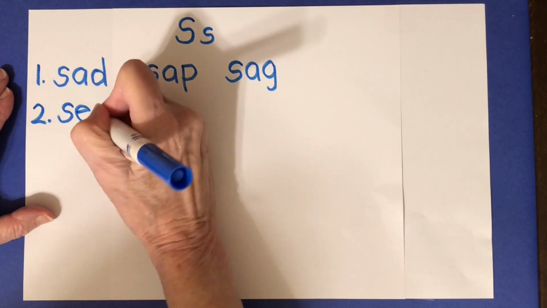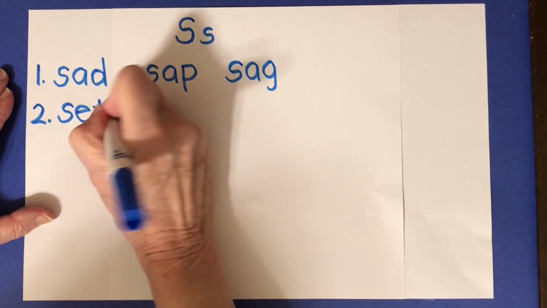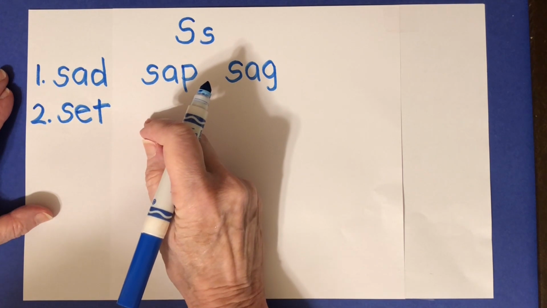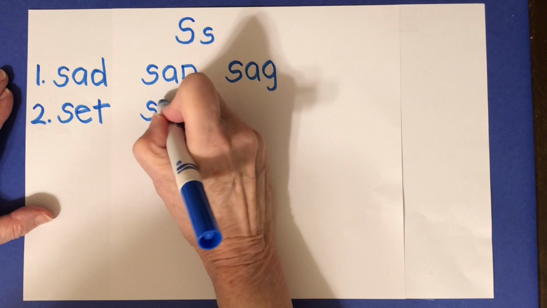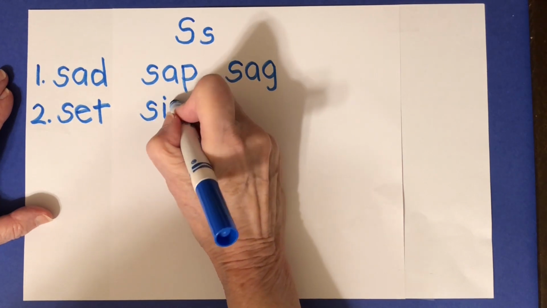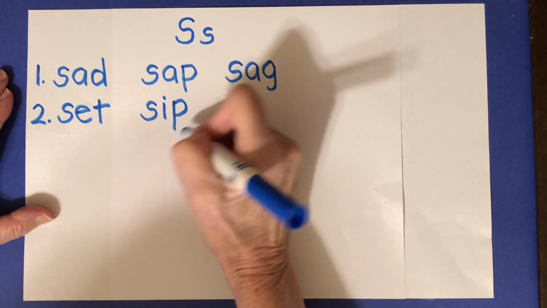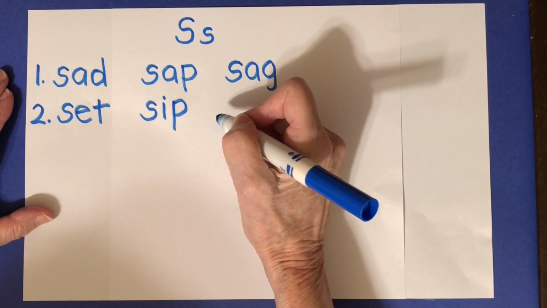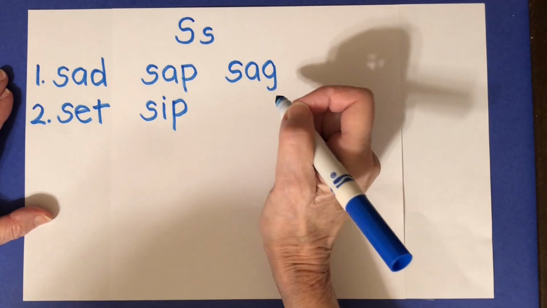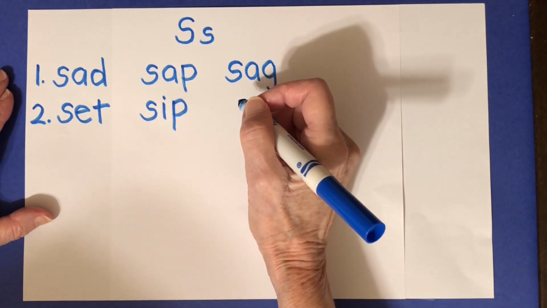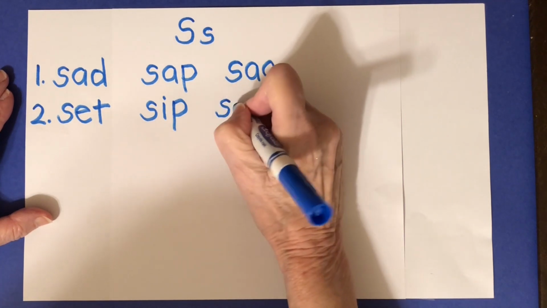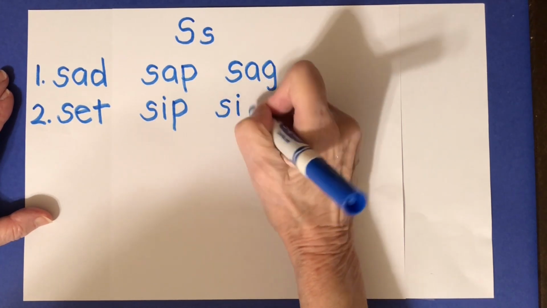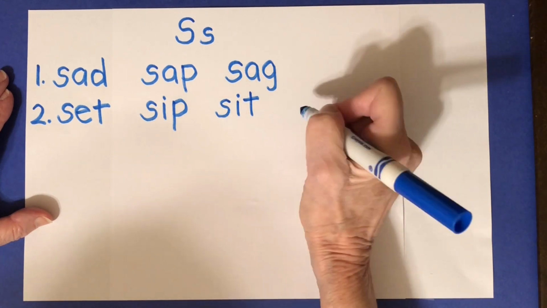Let's look at our next word line. S, set, set. S, sip, sip. Good. Here's the next one. S, i, sit, sit.